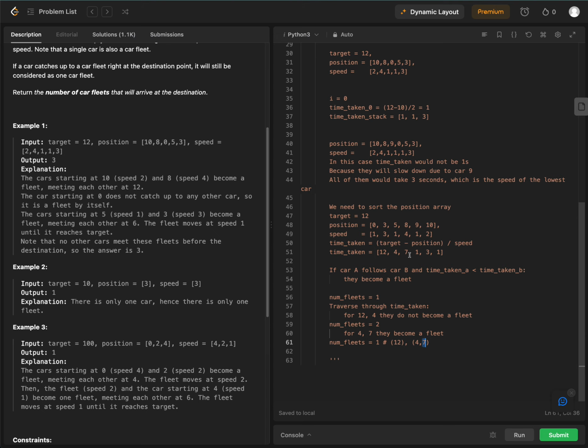To get to the target. So now we're looking at 1. So now we look at 4, 7 compared with 1, right? Obviously 1 doesn't combine, so num fleets equals 3. No combine, right? Num fleets becomes 3.